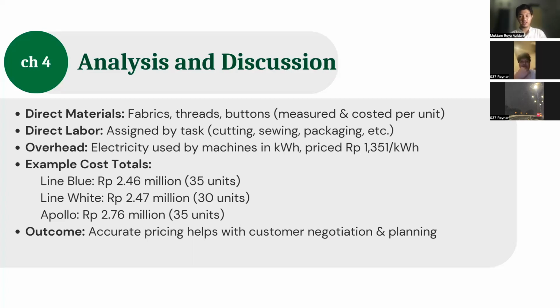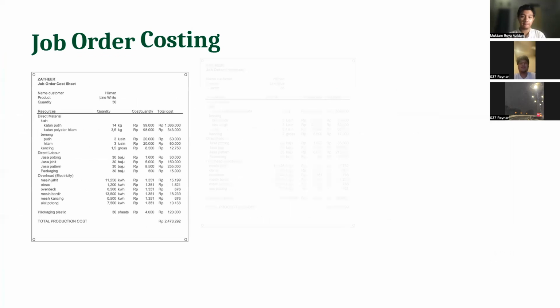Based on this calculation, we hope accurate pricing will help the company, because this is an order-based company. They can consider how to determine the proper price for the consumer, and have a minimum standard for negotiation and planning.